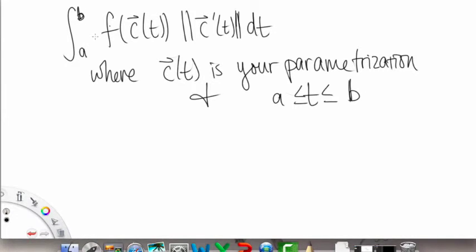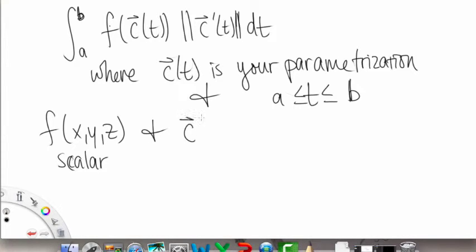Okay, so that's basically it. This is pretty formal notation here. It's also good to note that f of x, y, z, your scalar function, is a scalar, not a vector function. So f and c prime of t must be continuous. If they're not continuous, then it doesn't hold.